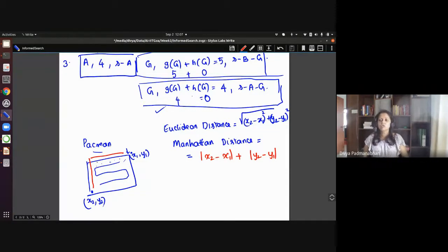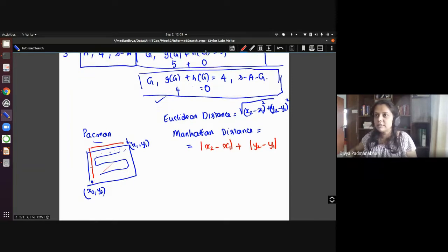For the Pac-Man example, this is a reasonable heuristic to use because you know for sure that you're not going to travel directly in this manner. If there are no blocks here, maybe you will; this is what at best you would do. Now, if there is a wall blocking you at this point, then again the distance will increase. So this is some estimate of what you think might be the distance.